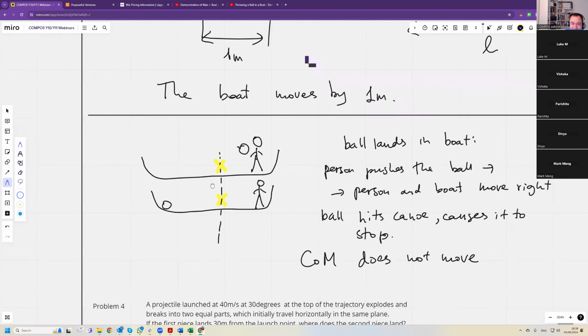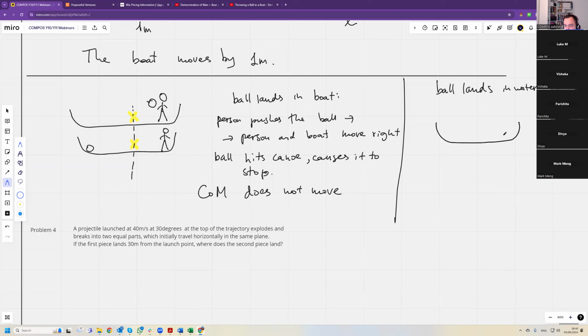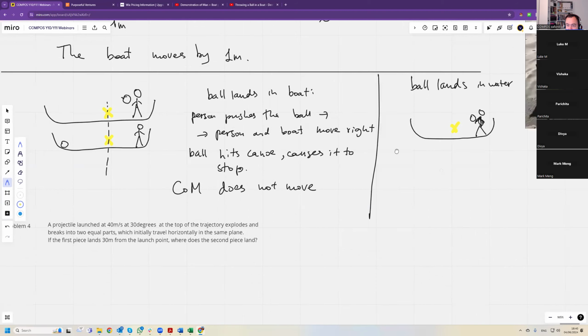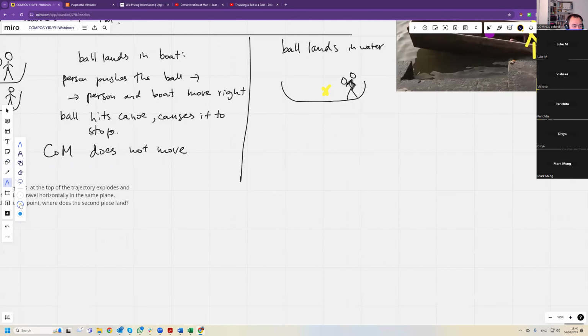Now the ball lands outside the canoe. Ball lands in water. So you have the person and the ball, and the center of mass is somewhere here. Well, see, he throws the ball, it lands somewhere here, but the canoe keeps going.